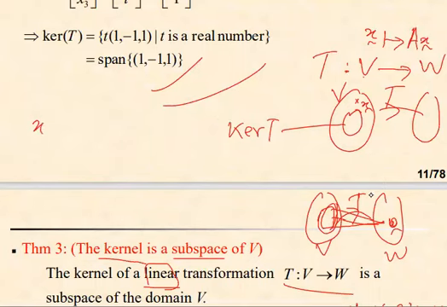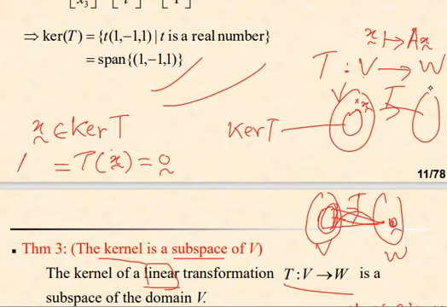If X belongs to the kernel of T, that means T of X should be equal to the zero element in W. If you write this in matrix form, AX equals 0.